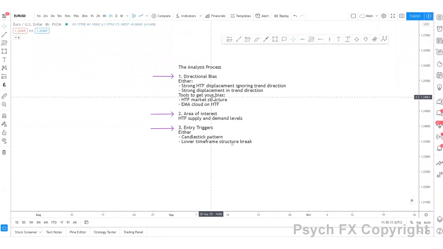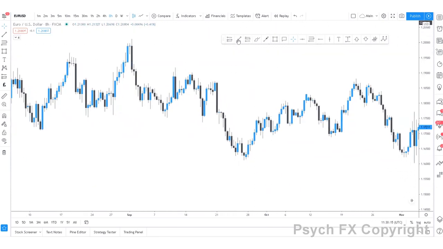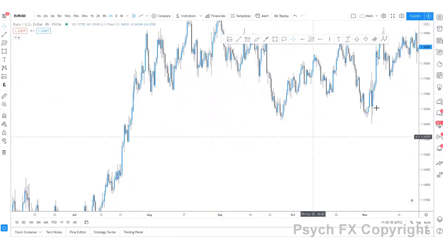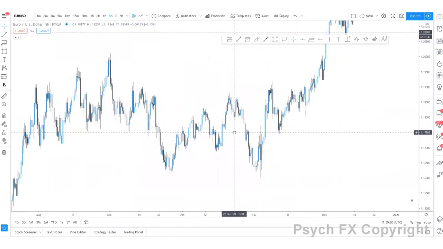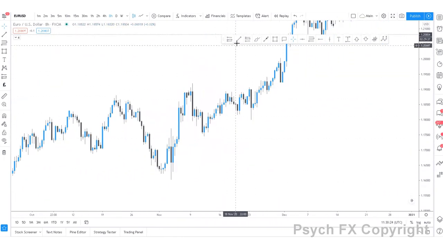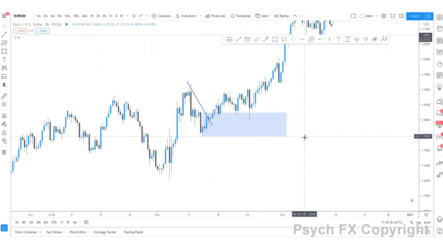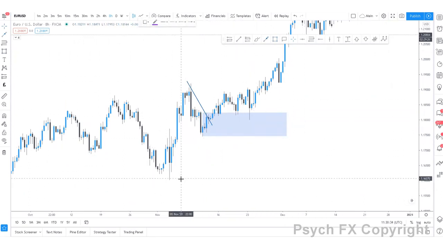Alternatively, you can look for strong displacement in the trend direction, meaning if we're going up, you are looking for a strong sell displacement. So overall, going up here, just as an example, okay, or over here, we're going up, we're looking for a displacement. So whether you've got like a rough line drawn in here, and then you've got a zone like this, for example, okay, that is still in the overall trend direction.